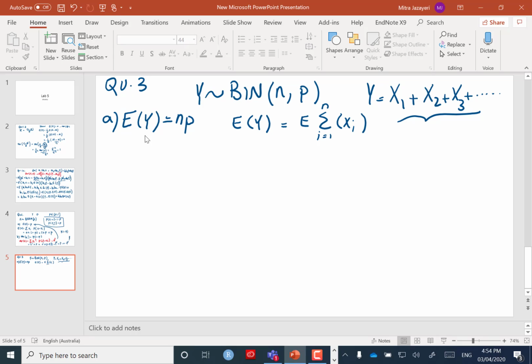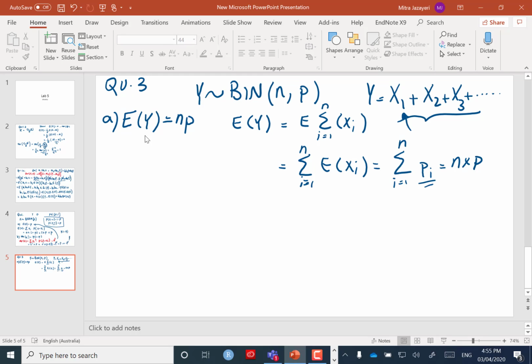The expectation of each one is the probability of success p, because all of them are p. So they are all equal to p, and i is from 1 to n. So that means n times p, because the probability of success is the same for all of them, and we know that the expectation of Xi is equal to p.